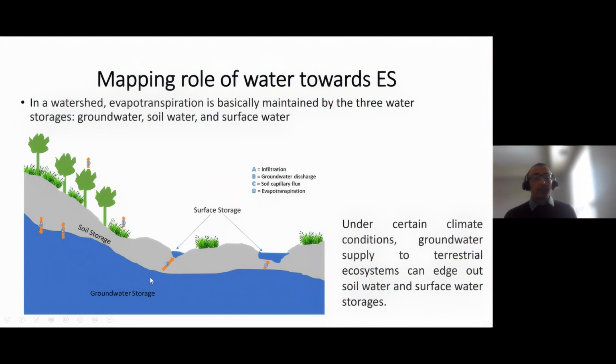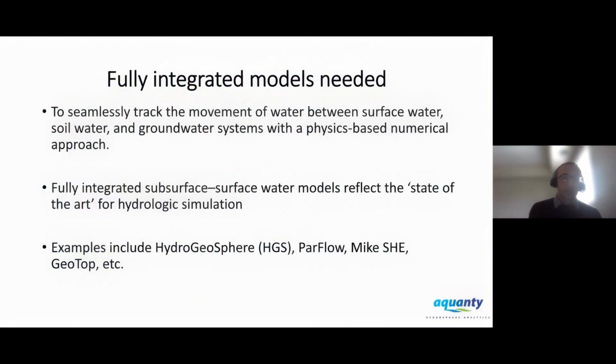And the simple tools cannot map these fluxes. Therefore, we need more modern tools, which are the fully coupled tools, for example, ParFlow, MIKE SHE, and the HGS model. The HGS model is one of the top tools which can be used for mapping of water ecosystem services.